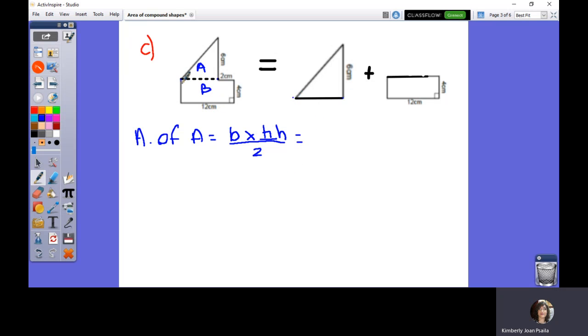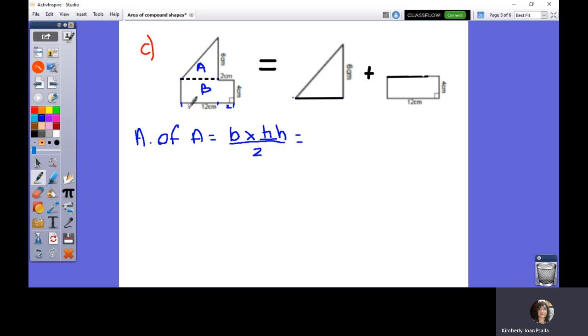How can we find this measurement, this length? I know that this side till this side is equal to 12 centimeters. However, I know that part of this rectangle is equal to 2 centimeters because it is equal to this side. Okay, you see here this is 2 centimeters, so this part is also 2.